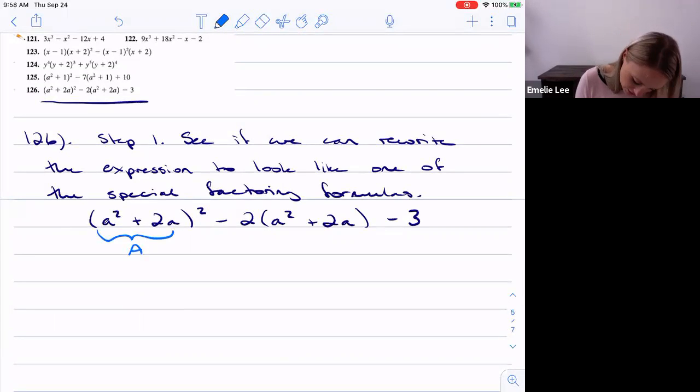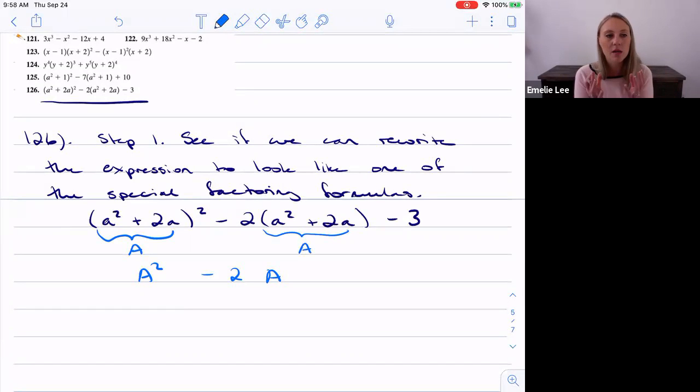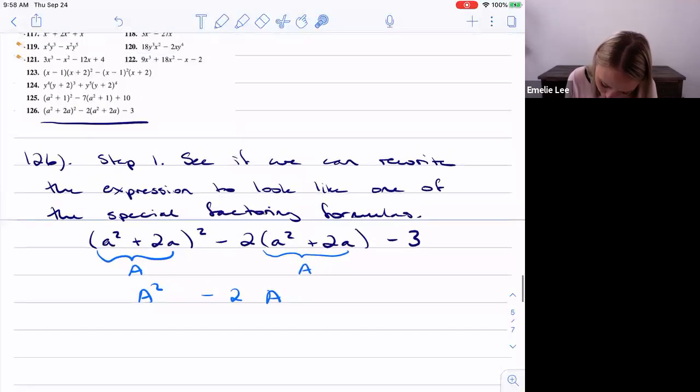Then what I've got is a squared minus 2a, because this is a again, right? That's the same thing. I'm going to treat that as one thing. So I've got a squared minus 2a, and then here we kind of lose it a little bit, and it's not obvious where we have to go, right?